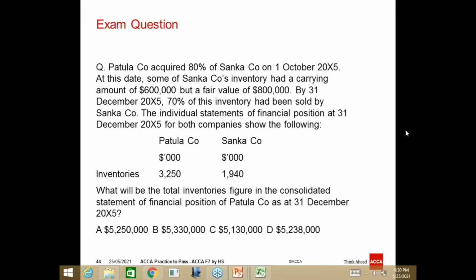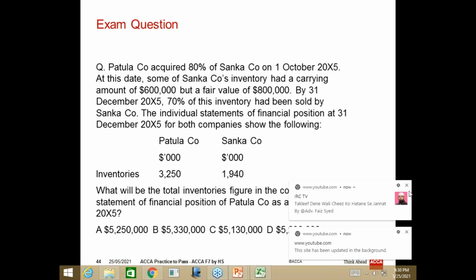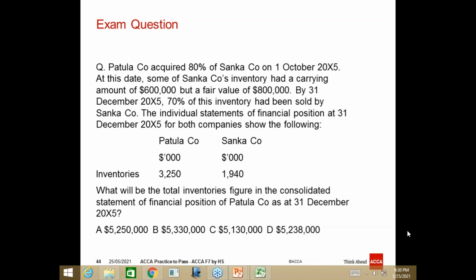Please solve this question, Petula. It doesn't matter at what date we have acquired the company, because we always do the proportionate consolidation for income statement items, not for the balance sheet. Please solve this one.